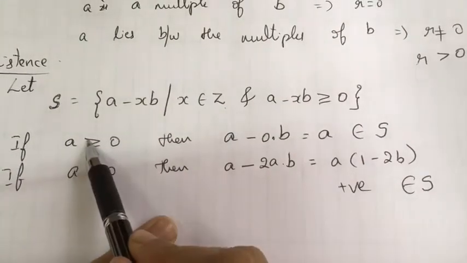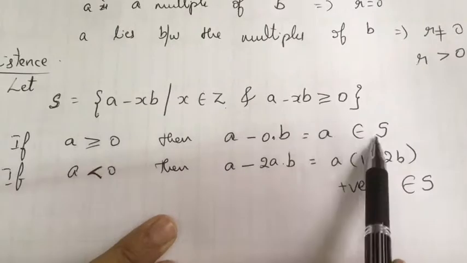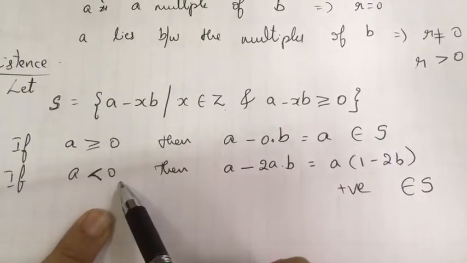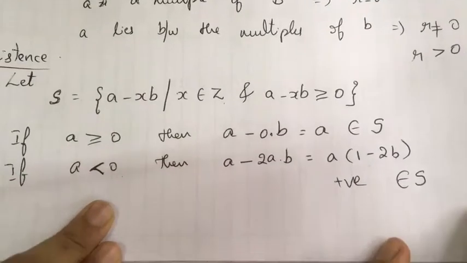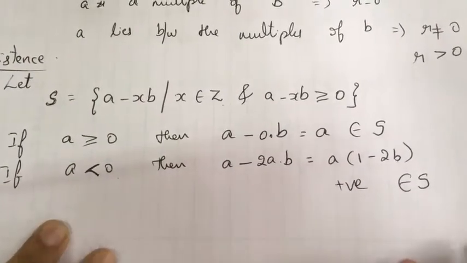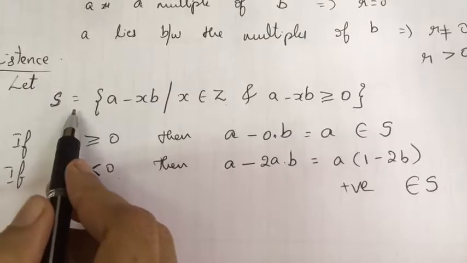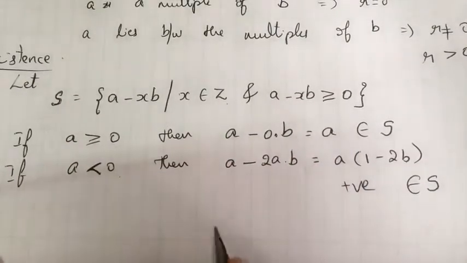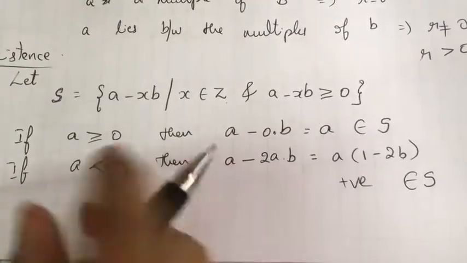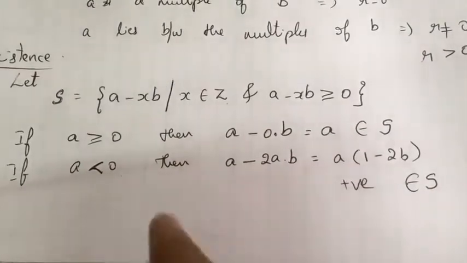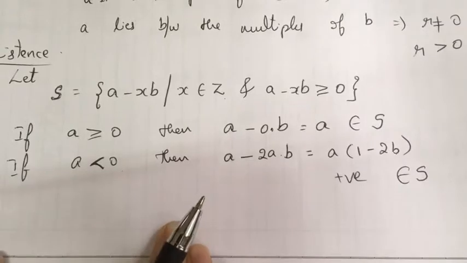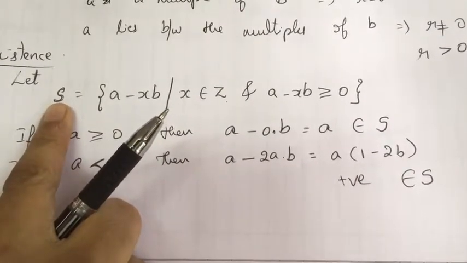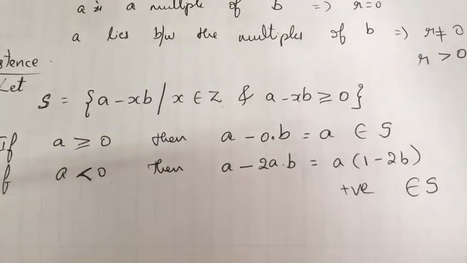For any value of A, if A is greater than or equal to 0, then again the element belongs to S, and if A is less than 0, then I can say elements belong to set S. So this set is non-empty, and now by the well-ordering principle I can say that S has a least element.